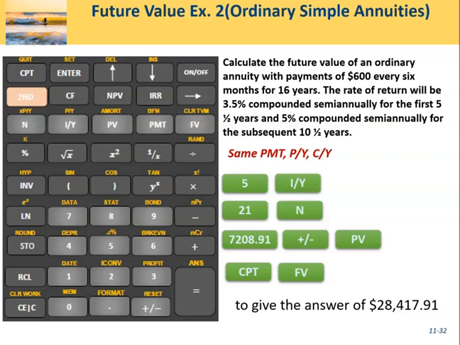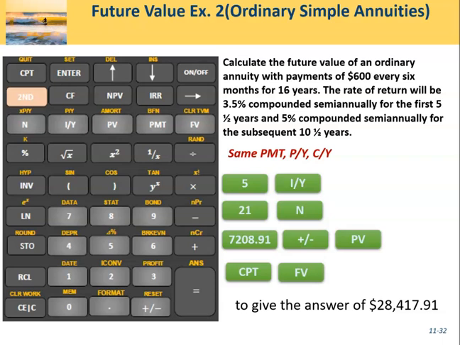So we're going to put in 72.0891, and then again push the plus minus key to turn it into a negative, because that's money that's gone out of our pocket and into an investment. So 72.0891 plus minus key, and then present value, because that's the present value of all of this annuity accumulation already.